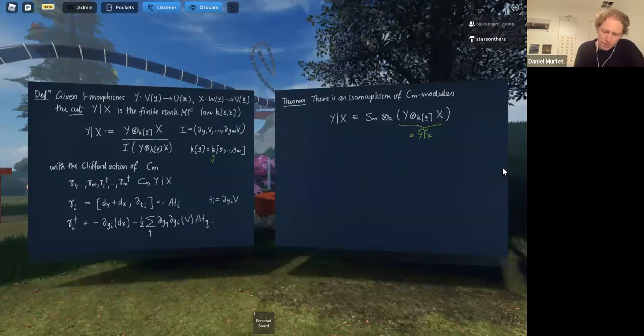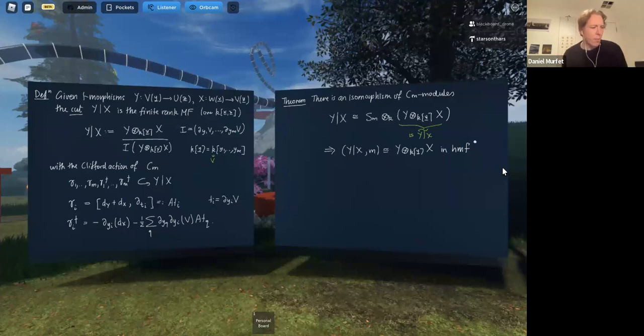Okay, so this means that this with its Cm action is isomorphic to the tensor product in the thickening. And in fact, you can set up a bicategorical version of this, which is equivalent to LG.